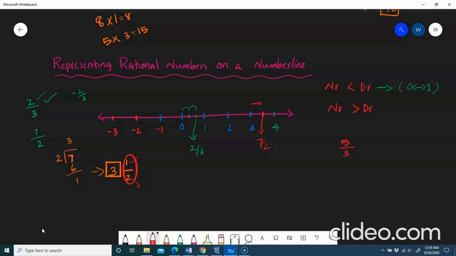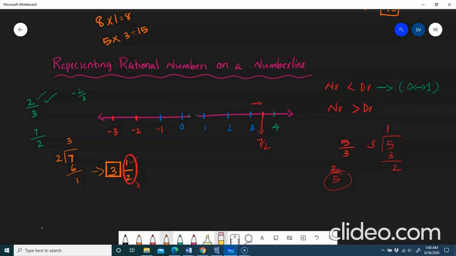Numerator is higher than denominator, so divide it. 3 times 1 is 3, remainder is 2, so 1 and 2 by 3. Now a different example, 2 over 5. Here the numerator is less than the denominator, so we know it will be in between 0 and 1. The denominator represents into how many parts we need to divide that section. 5 sections. So approximately, one moment.